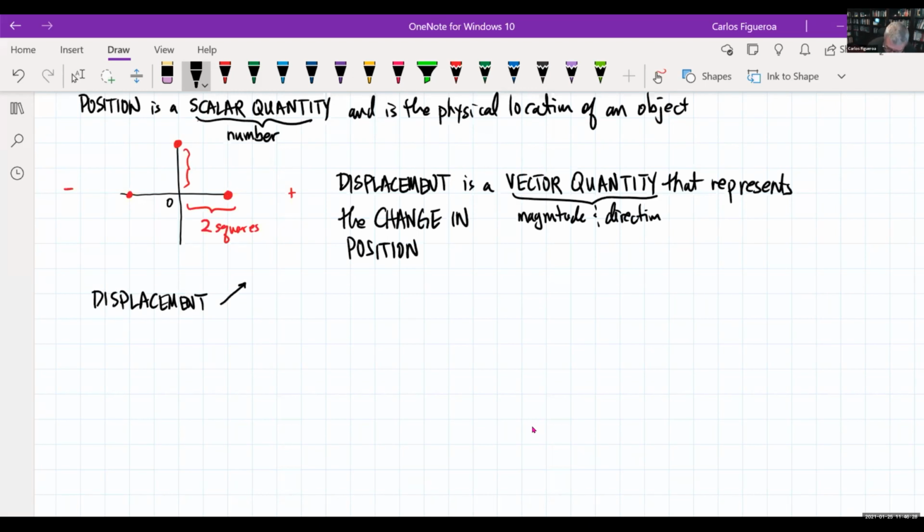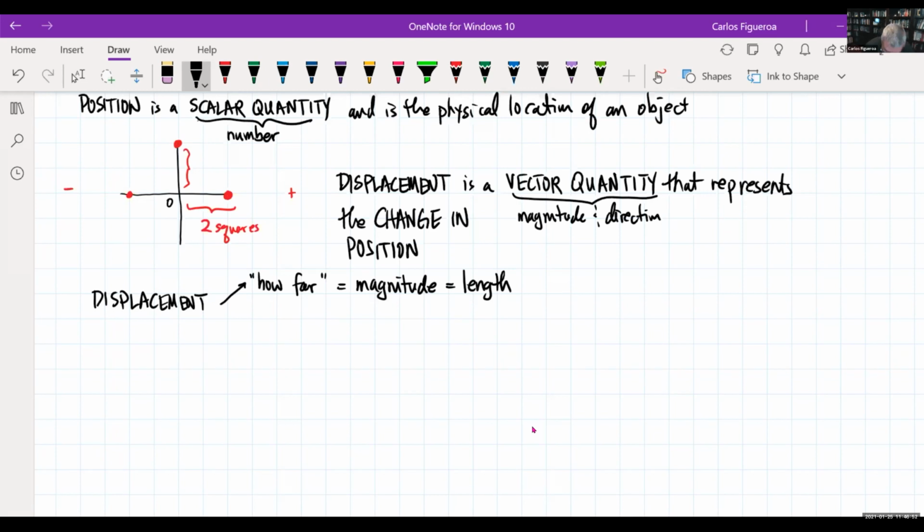The first thing is, how far did you go? And when I write, how far did you go? What this really means is what they call the magnitude. And sometimes the magnitude is also called the length.